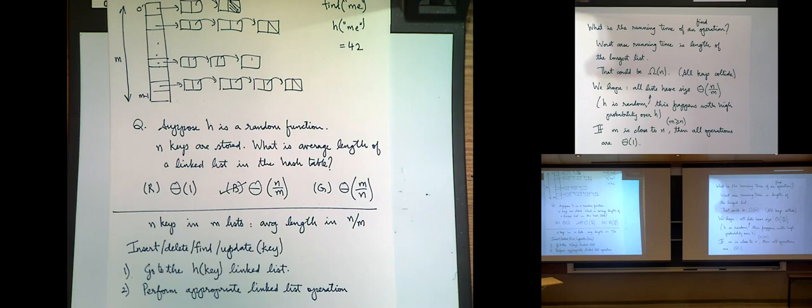Yes? Is it that this happens with high probability? Yeah. What does that even mean? What it means is, it's kind of like you're choosing this hash function at random before the keys arrive. So you don't know what the keys are and you're choosing a hash function.